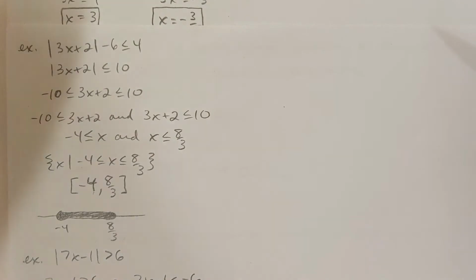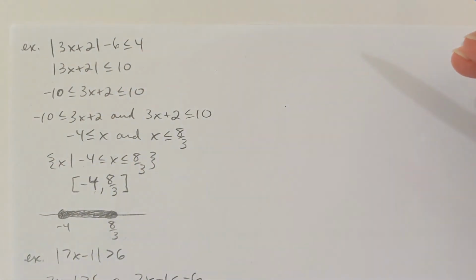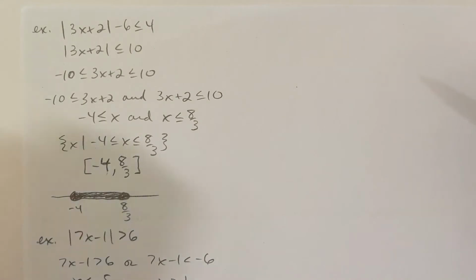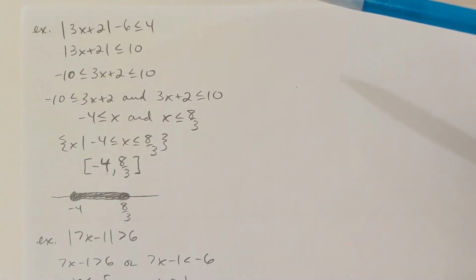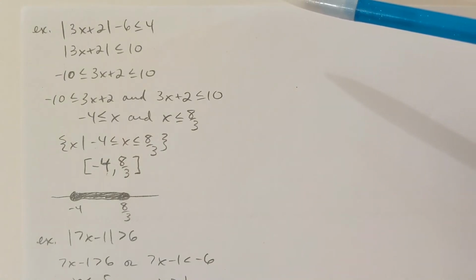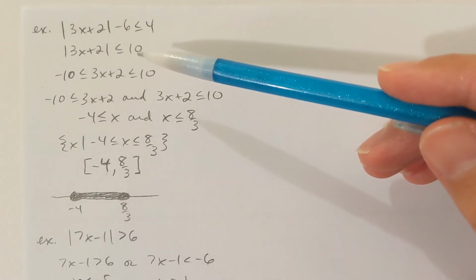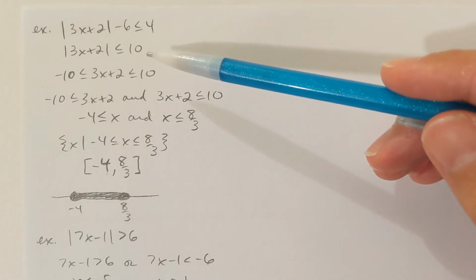Okay, so let's take a look at an absolute value inequality. Suppose that the absolute value of 3x plus 2, minus 6, is less than or equal to 4. The first thing that I do is add 6 to both sides. So the absolute value of 3x plus 2 is less than or equal to 10.